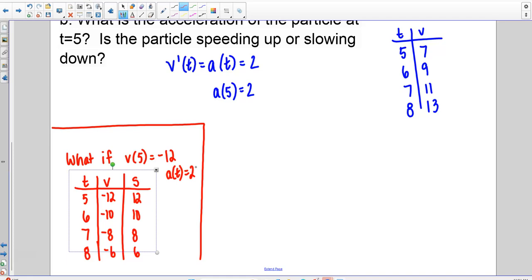So your car is actually slowing down, right? So we're going to have to consider velocity and acceleration when we explain whether a particle is speeding up or slowing down.